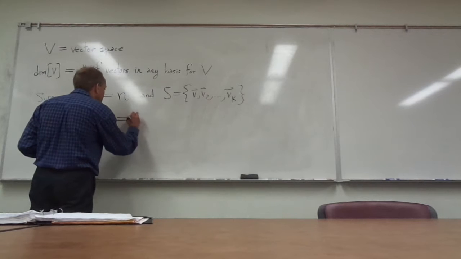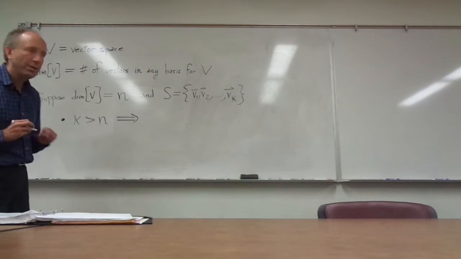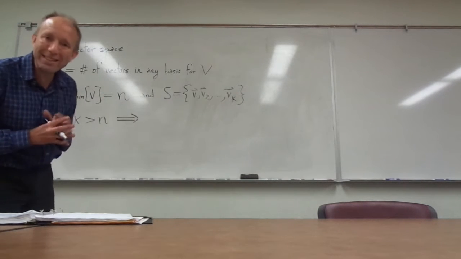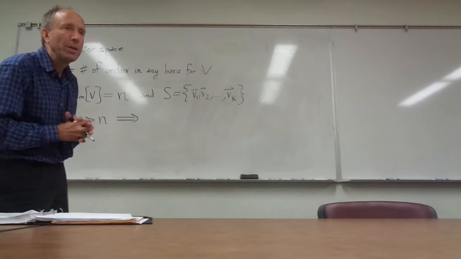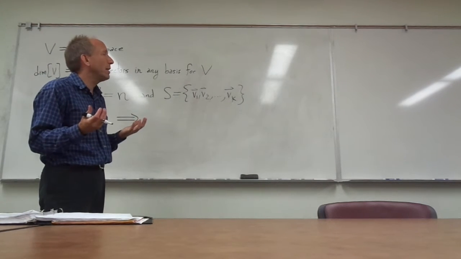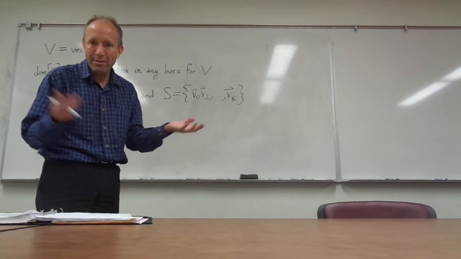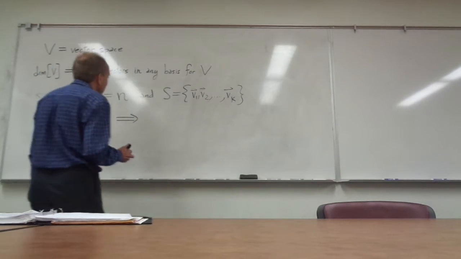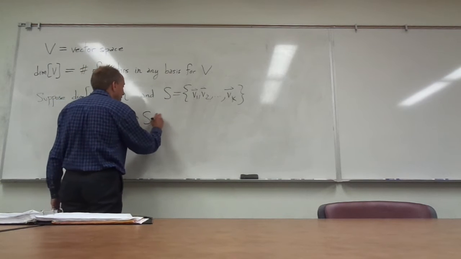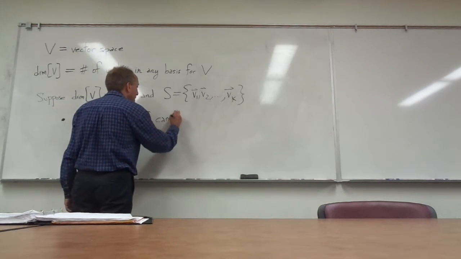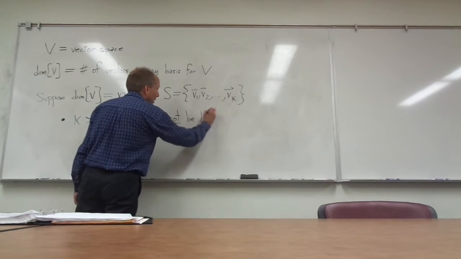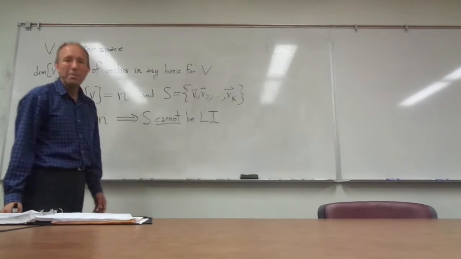If I give you more vectors than the correct dimension of your space, so let's imagine that I gave you 4 vectors in R3, then what I claim is that that set S cannot be linearly independent.